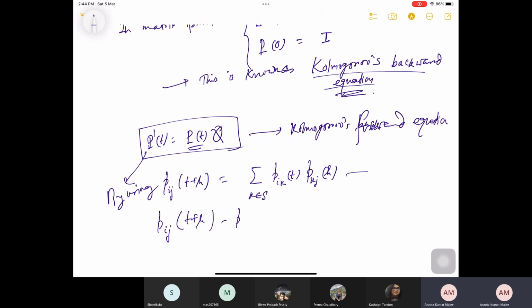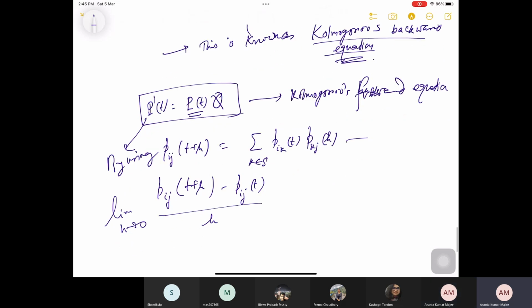Now if you calculate this Pij of t plus h minus Pij of t over h, limit h goes to 0, this is exactly the same as my Pij prime of t.